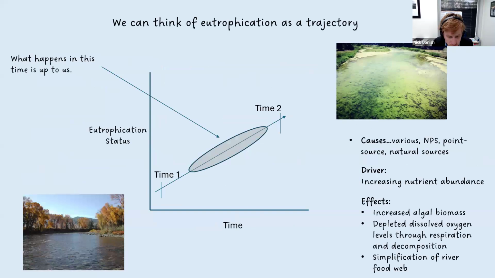Okay, so we can think about this process of nutrient enrichment, or eutrophication as it is called. And I came up with this simple conceptual diagram to sort of illustrate this concept. Here we are at time one down in the left-hand corner. We've got time along the x-axis and eutrophication status along the y-axis. Here we are at time one, present day.